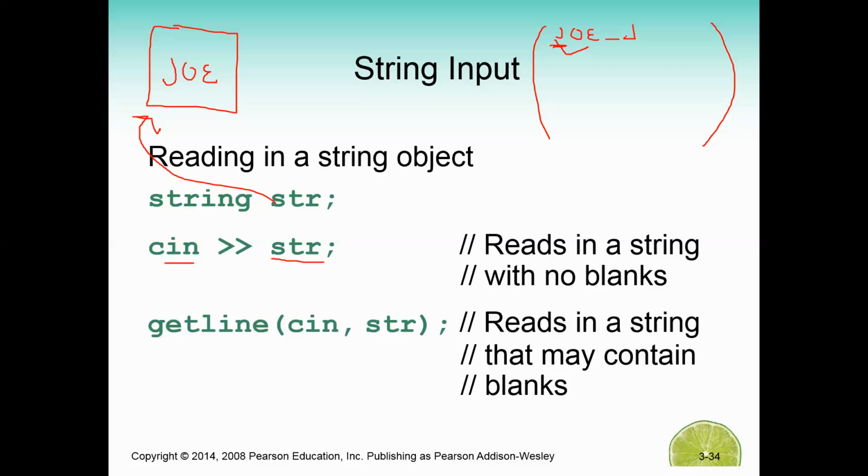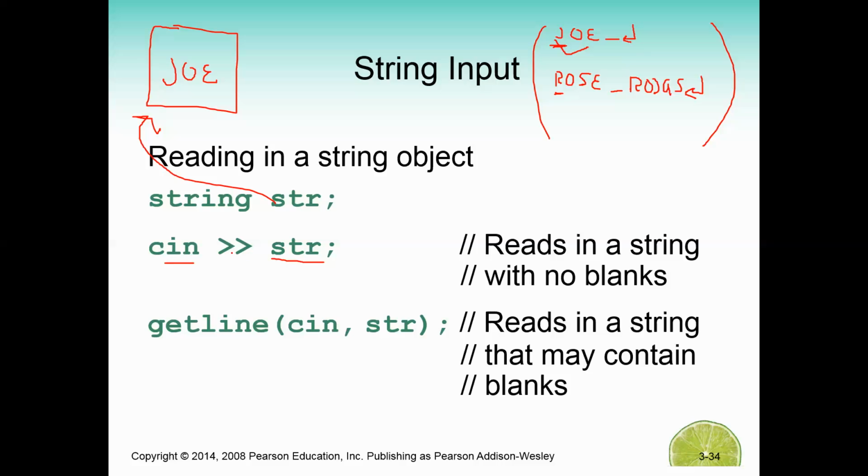Let's suppose that I have the same instruction, enter the name, and this time I'm going to put Rose, R-O-S-E, space, and then I'm going to type Rojas. And then I press the enter key, thinking that Rose space Rojas is going to go into string.